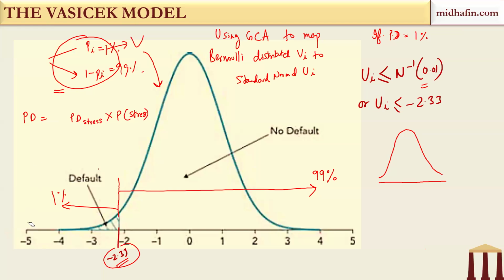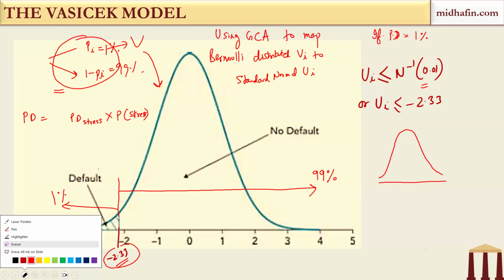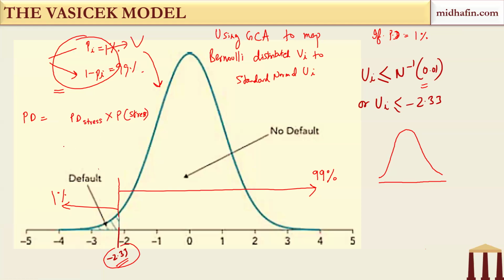So probability of default under stress multiplied by P stress, plus probability of default under no stress multiplied by P no stress. Do you agree with this breakup that I have done? Again, in very layman terms, yes or no?